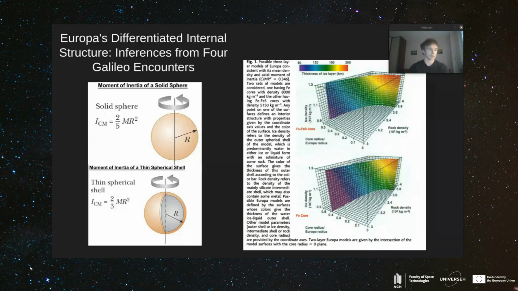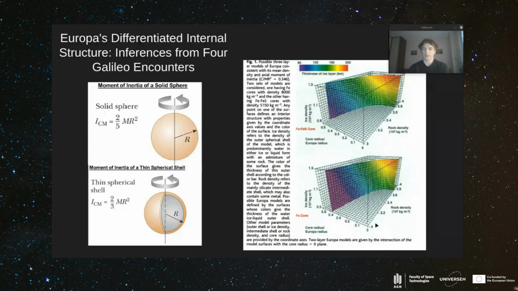However, along these three dimensions, we also have colors, which suggest the thickness of the ice layer. So we have the fourth dimension, and if we are very eager, we can consider these two graphs as another binary dimension. Here we have an iron-sulfide core, or just an iron core, and we'll have a very pretty 5-dimensional graph.